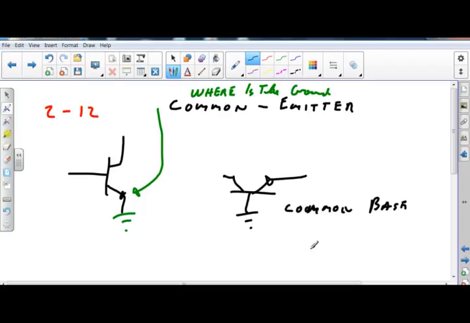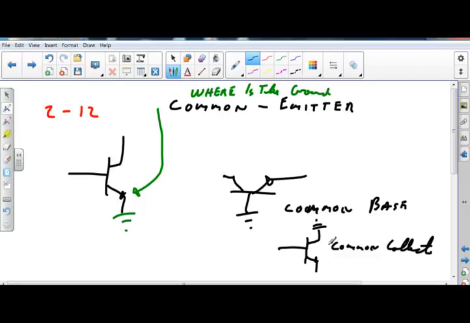And I could have a common collector if I had a circuit where that guy's grounded. Now I'm common collector. So it depends. It's telling me where my ground is in the circuit.